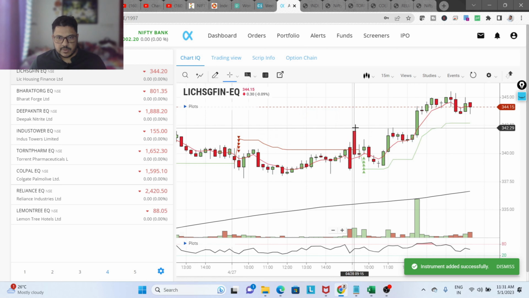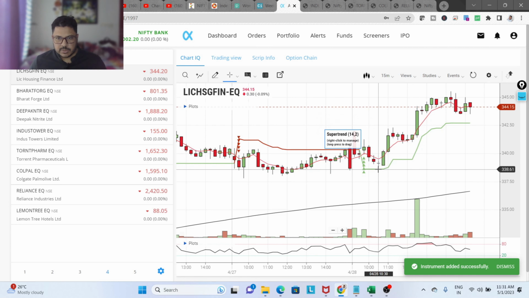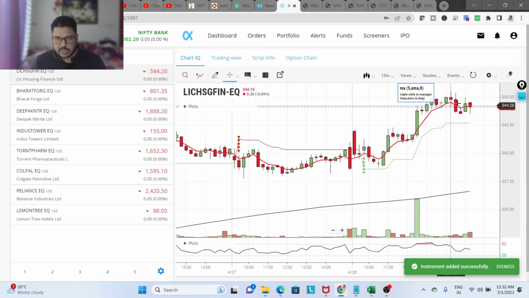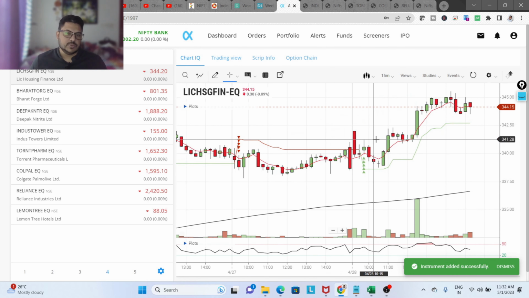The first 9:15 candle was bearish. On the second candle, it gave you an entry. You have entered here at 340. Your stop loss was 338. Put 1 rupee below the stop loss, so your stop loss is not hit. And from there it went. As soon as your first target is achieved, book some profit and then wait for the second target. So this is a good one more example which you can see.